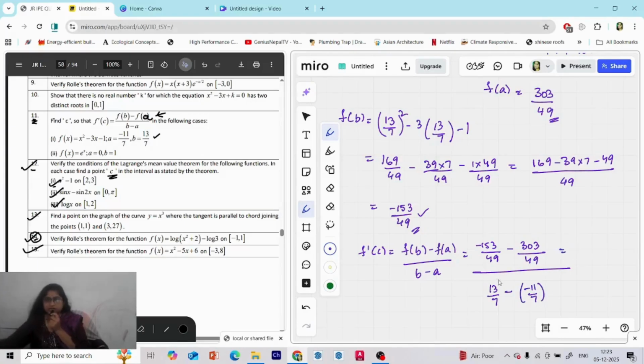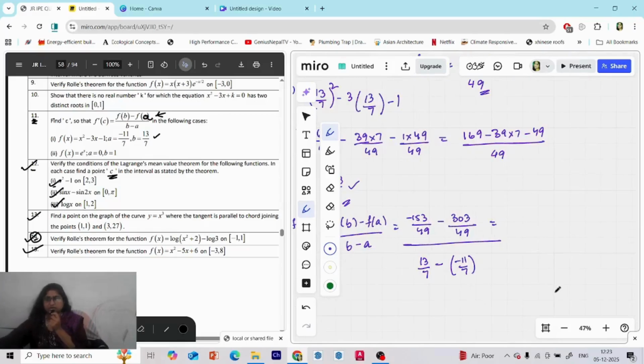So on simplifying this, what do we get? In the denominator, 13 plus 11 by 7, that is 24 by 7. And in the numerator we have 153 and 303, adding we get 456. So minus 456 by 49.